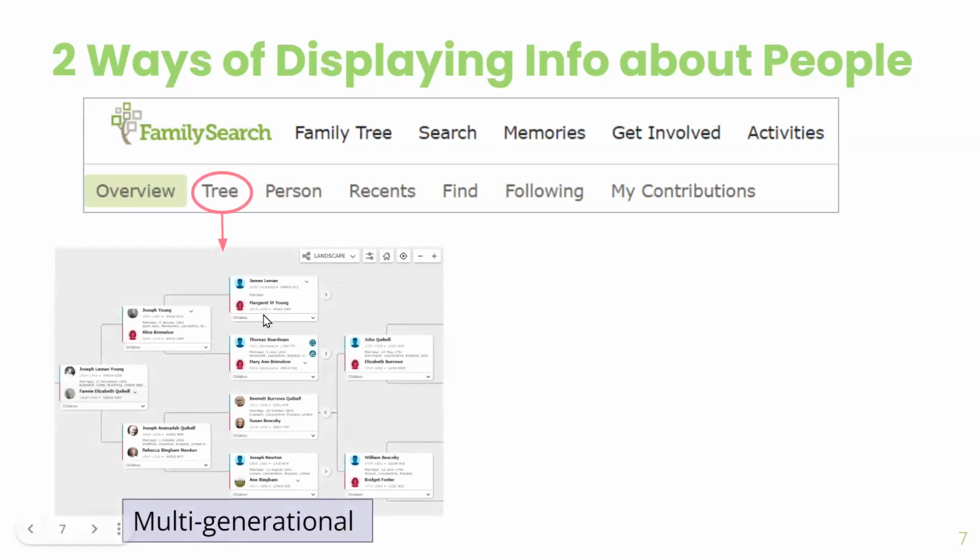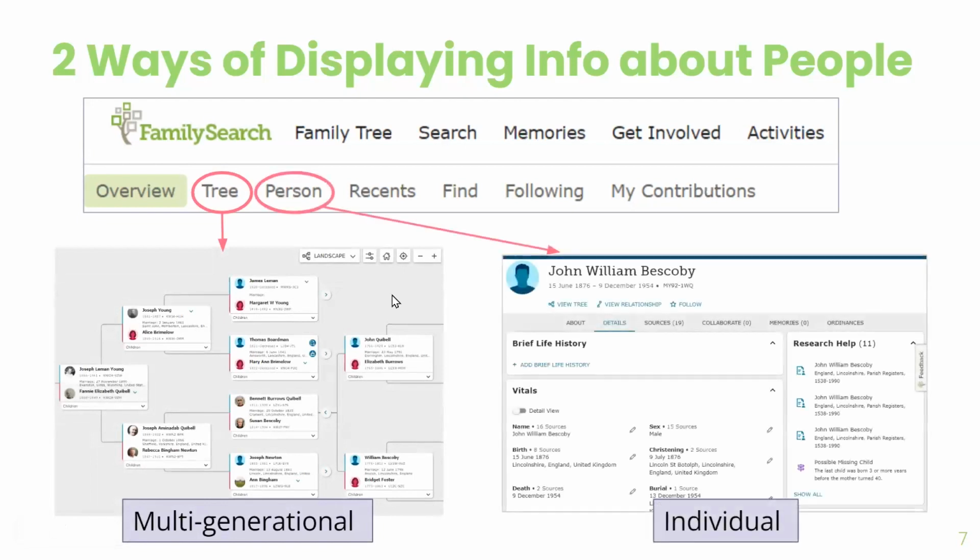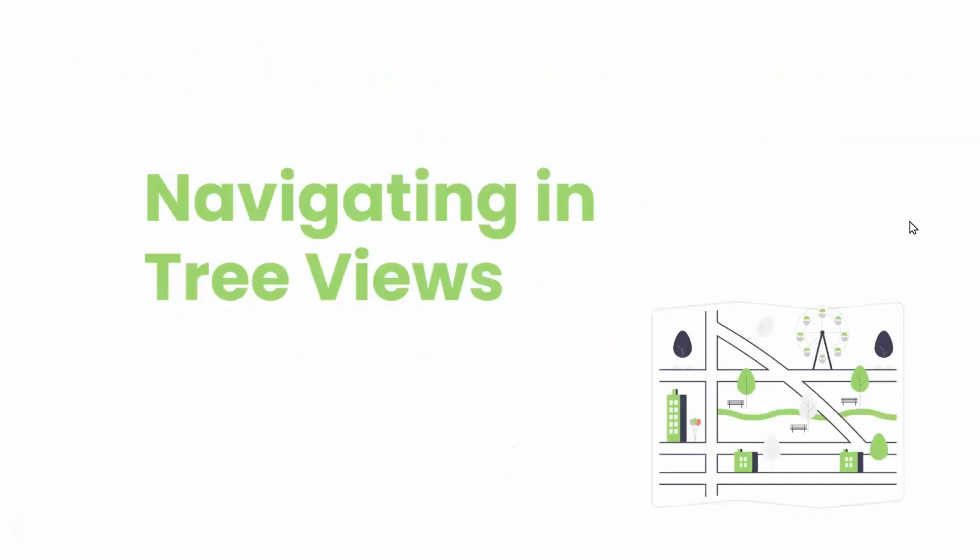So it shows less information about every individual, but it shows them organized into a pedigree. And then, of course, there's a person view, which takes you to a detailed page that's just about one person, but it gives you a lot of information about that person. So let's go ahead and talk about navigating in tree views.